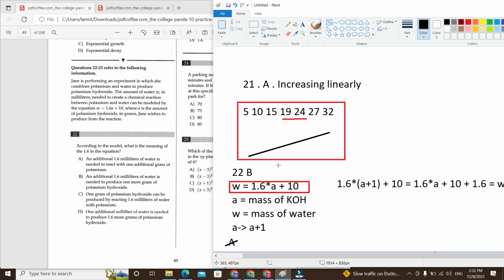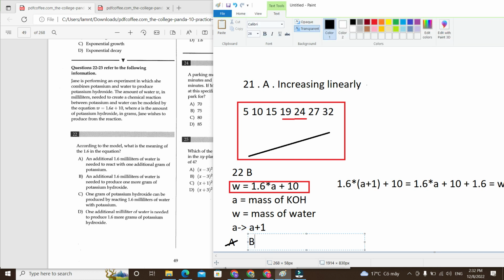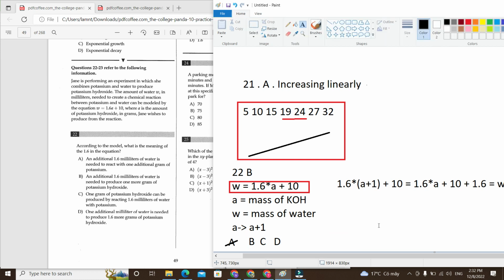We have C and D left, and potentially B, and C, and D. Let's check out option C. 1 gram of potassium hydroxide can be produced by reacting 1.6 milliliter of water with potassium.